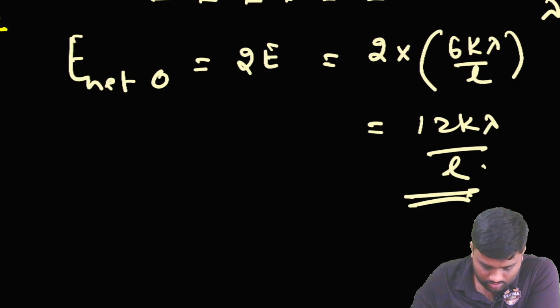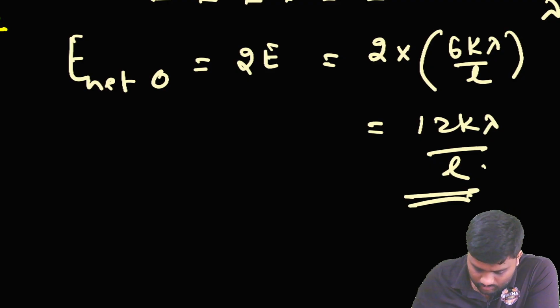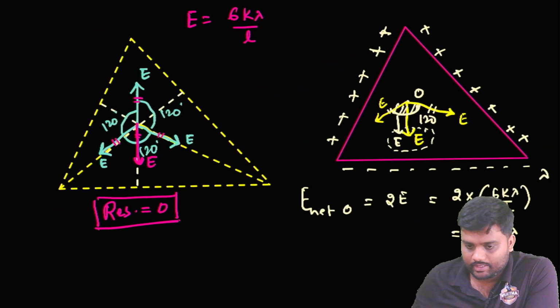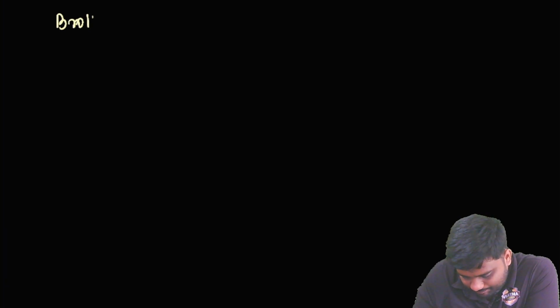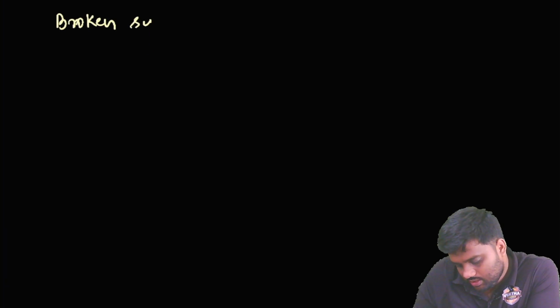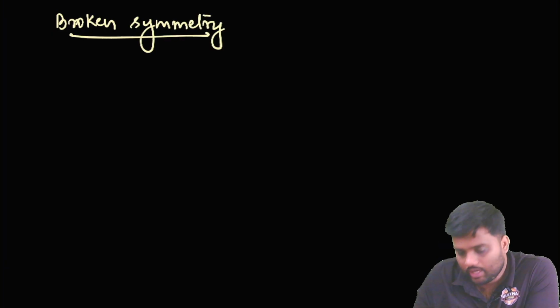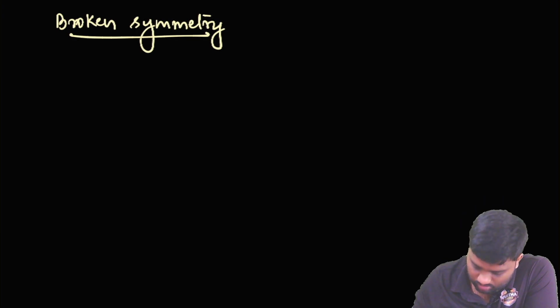Okay. Now, if suppose this is one of the methods, this is another question. If at all there is another method called broken symmetry, if I start solving that question with respect to broken symmetry, how are we going to solve it? It is very simple.